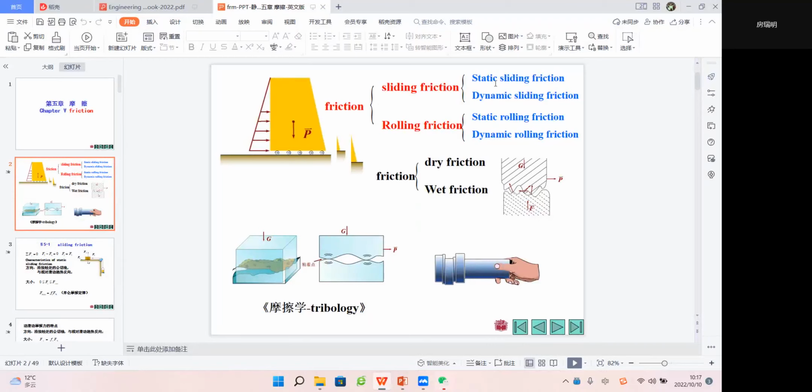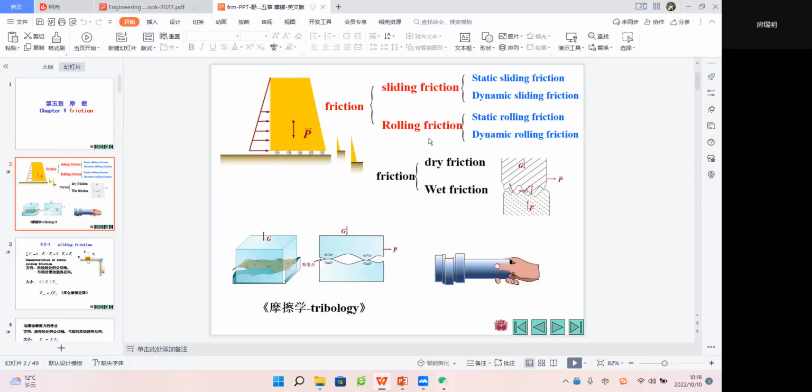So we have static sliding friction. If it is static sliding friction, these two bodies have no relative movement, right? We also have dynamic sliding friction. In this case, there is relative movement from one body to another, which keeps contacting on some surface.